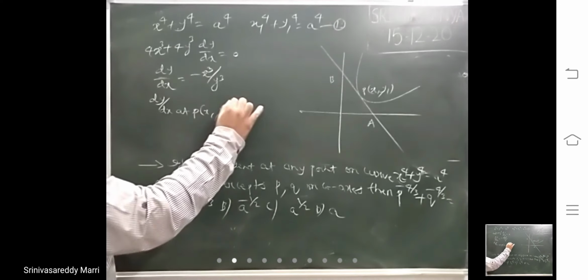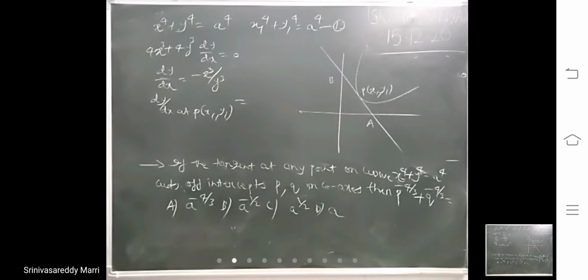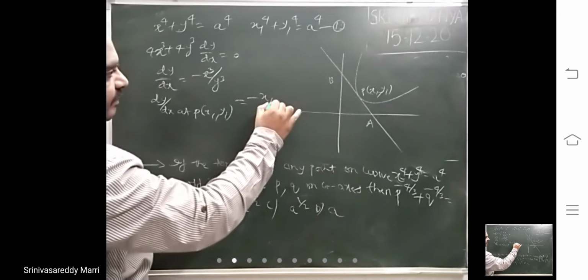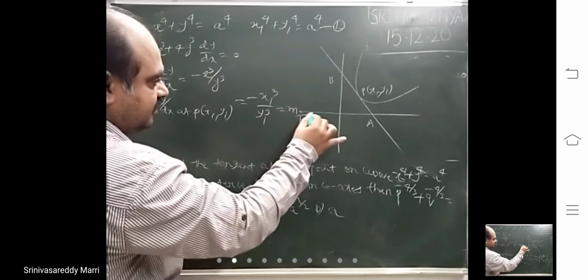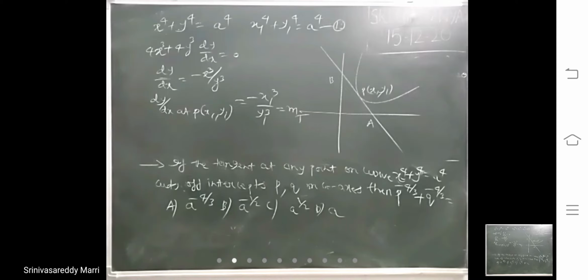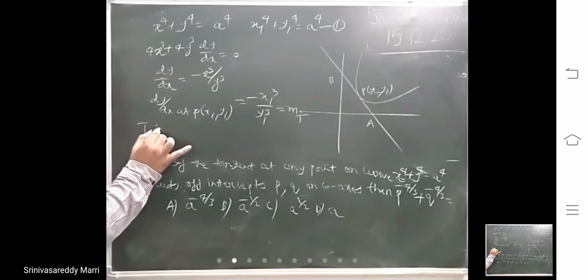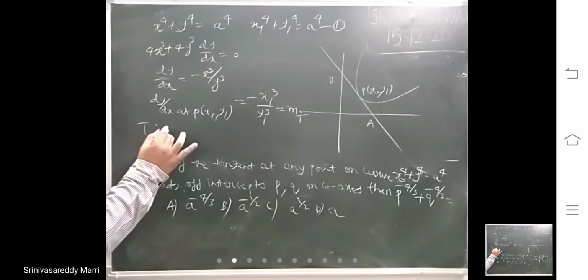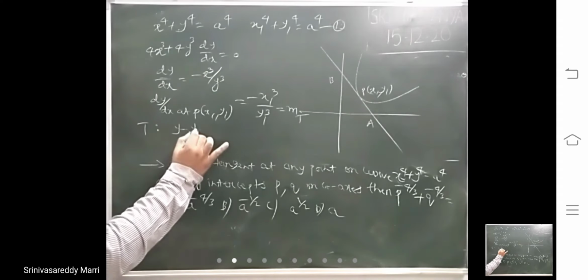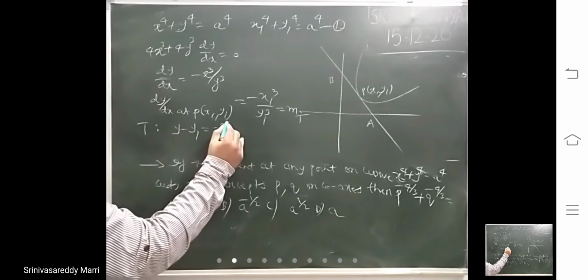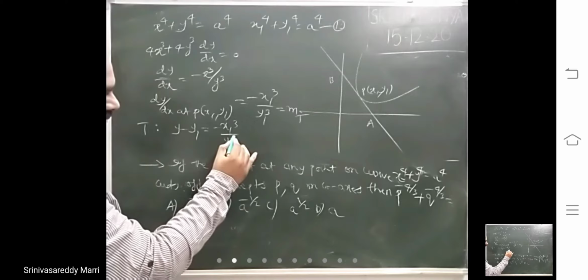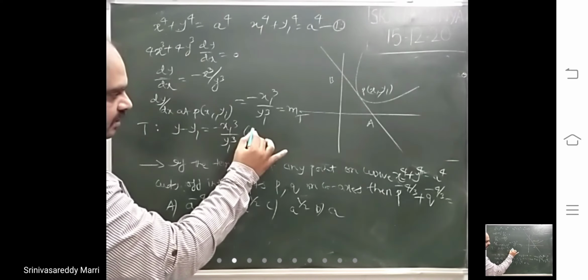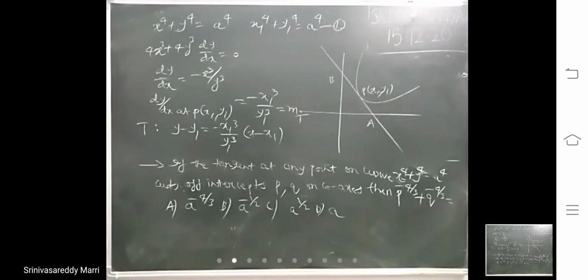At P x1, y1, that is the slope of tangent: minus x1 cube divided by y1 cube. So now the tangent equation is nothing but y minus y1 equal to m into x minus x1.